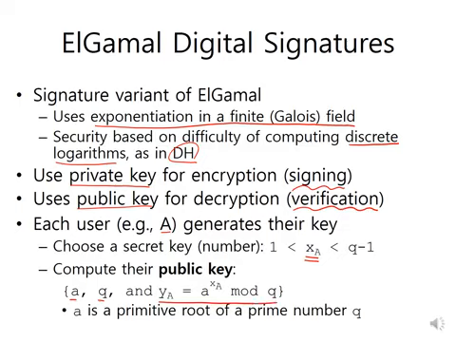YA is equal to A to the XA mod Q. A is a primitive root of a prime number Q. The key setup procedure is almost the same as the previous ElGamal encryption algorithm. So if we are familiar with the ElGamal encryption, then the ElGamal data signature is not so difficult to understand. And then let's see how the signature is generated and verified in the next slide.